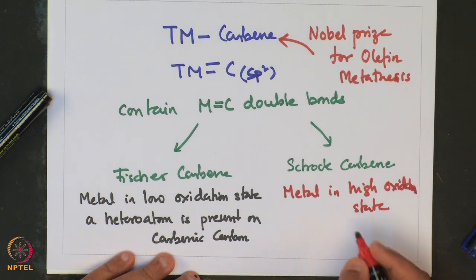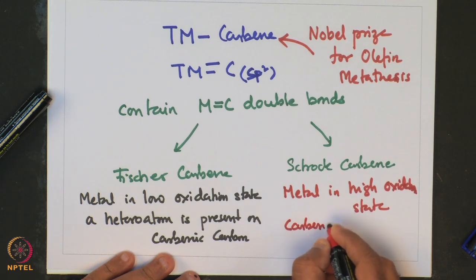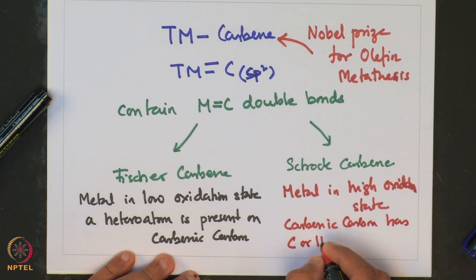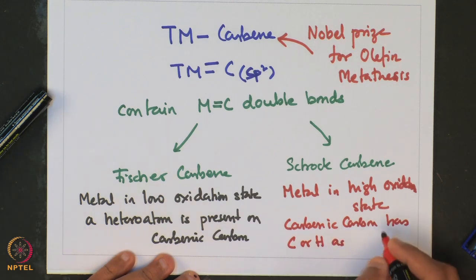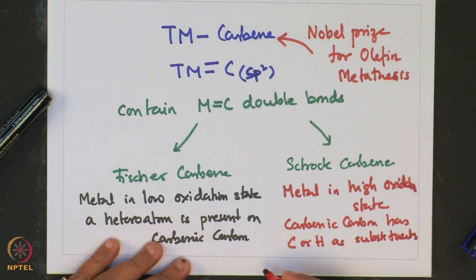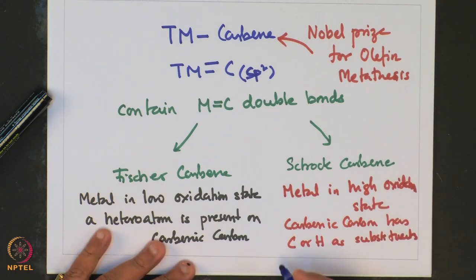So, the carbenic carbon has carbon or hydrogen as substituents, and when there is no heteroatom directly bound to the carbenic carbon, these are called alkylidene complexes. In this case, these are called alkylidene.